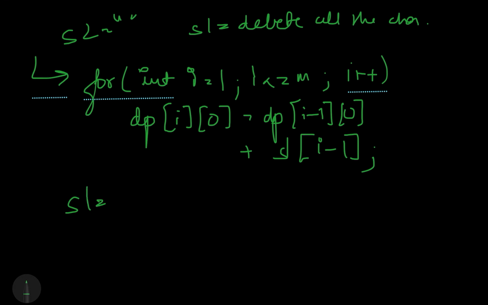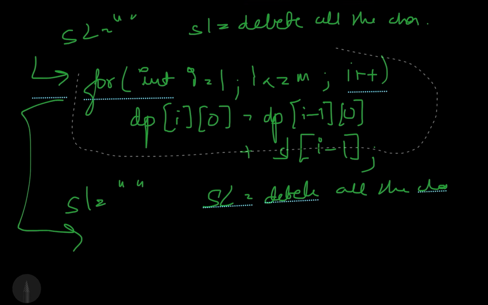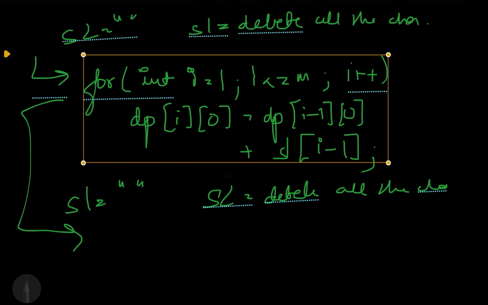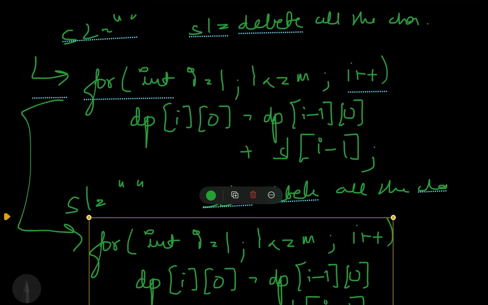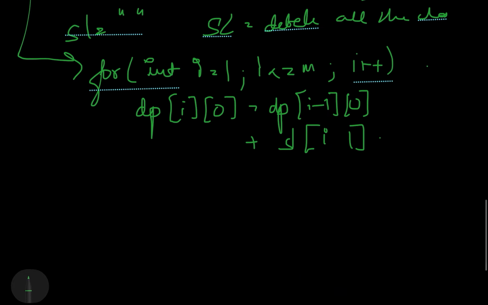Now similarly, if s1 is empty, then we have to delete all the characters from s2. We'll write the same code over here. We'll just duplicate this code and put it here, and instead of m we'll use n, and this will change.